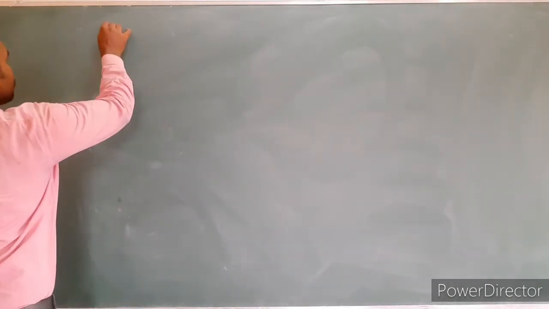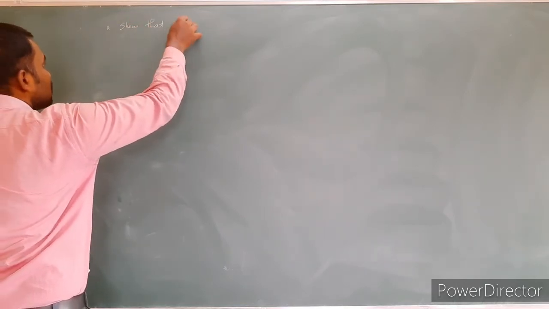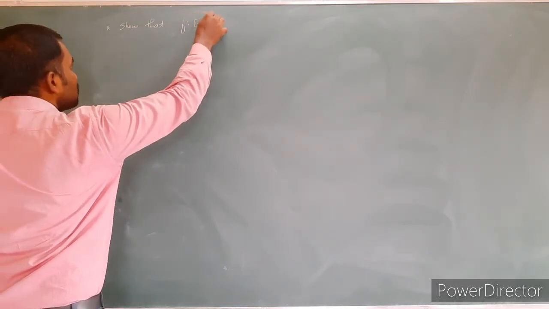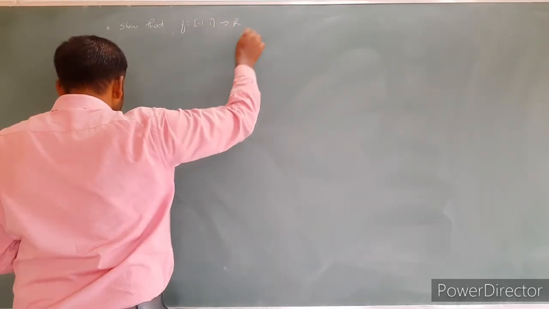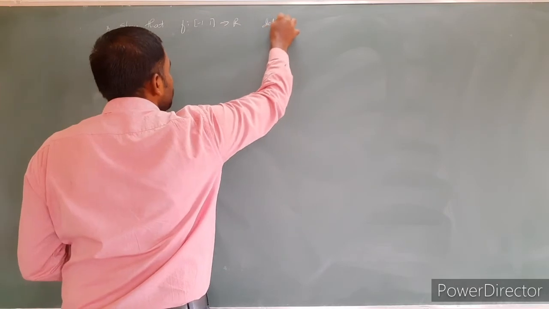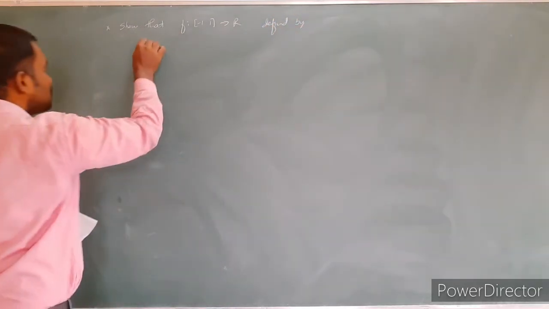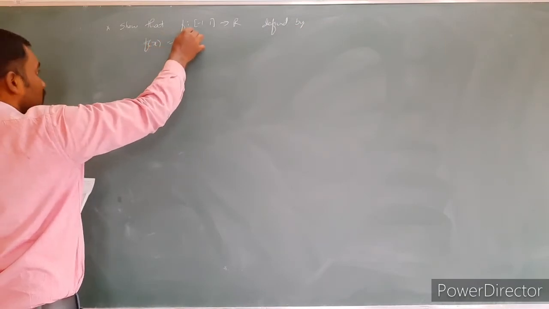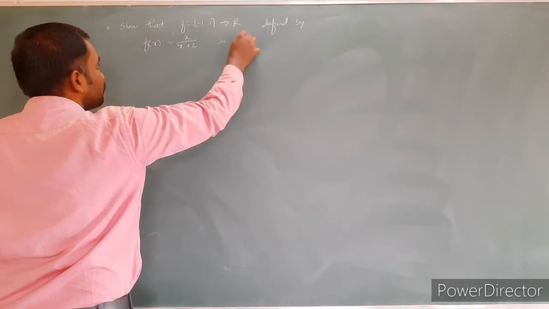Okay. Now take the next example. Show that f is a function from the closed interval minus 1 comma 1 into R defined by f of x is equal to x divided by x plus 2 is 1-1.